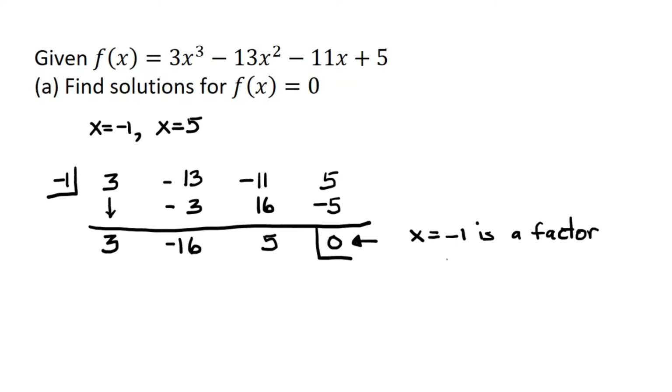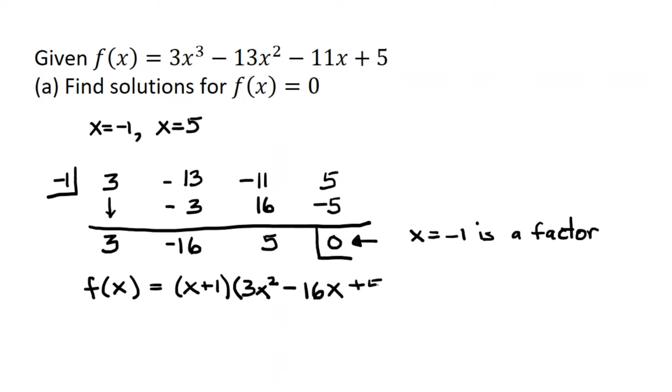In fact, I can write the whole polynomial as f of x equals x plus 1, and then what's left from my synthetic division is 3x squared minus 16x plus 5.